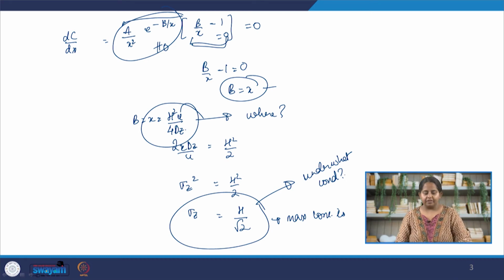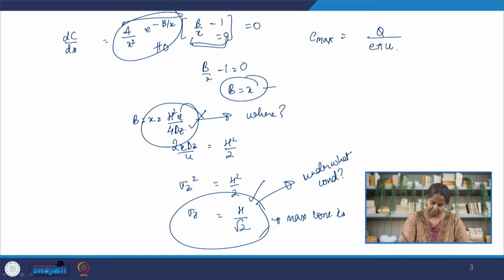When we put this value of sigma z in our original equation, the maximum concentration C max at this x for this value of sigma z comes out to be q by e pi u sigma y sigma z. This is what we get. And remember the assumptions we made, right? We assumed that the atmosphere is either nearly neutral or moderately unstable.